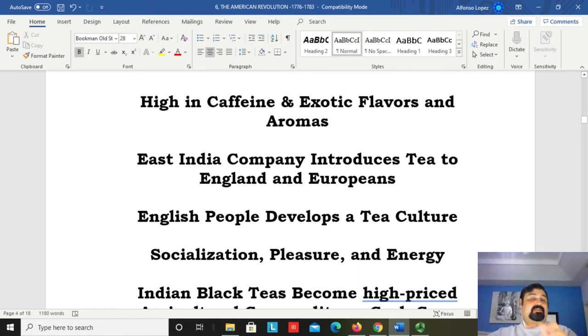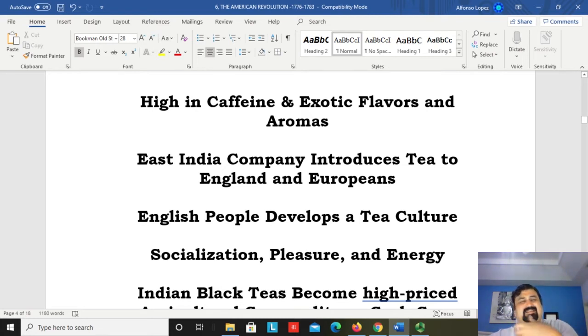Not only in England, because, as I explained, the East India Company is also introducing tea to North America. The East India Company also brings tea to the British colonies, particularly to places like New York, Massachusetts, Pennsylvania, South Carolina. So there's also going to be a tea culture on the rise in the British colonies as well. Not just in England, not only in Great Britain.